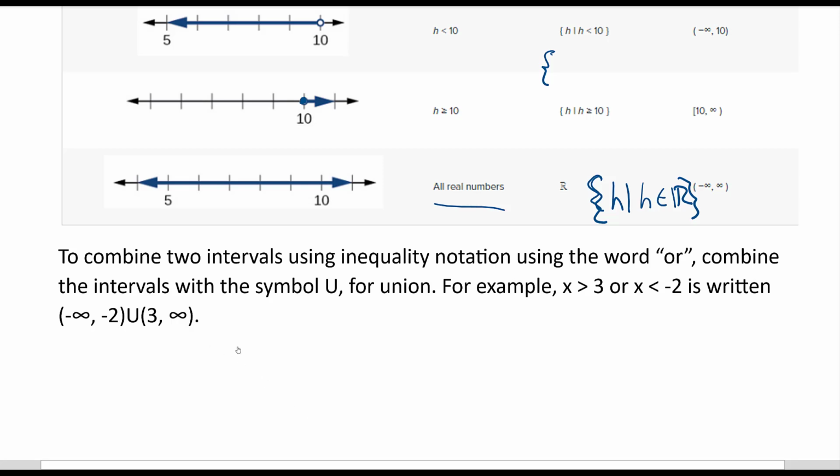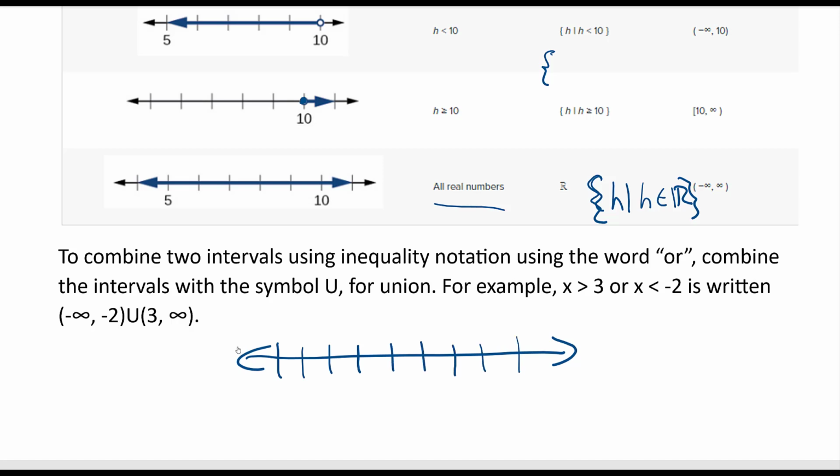So that's what that is showing on a number line. Let's just say this is negative 2, negative 1, 0, 1, 2, 3. That means we'd have an open circle here shading down, and an open circle here shading up.